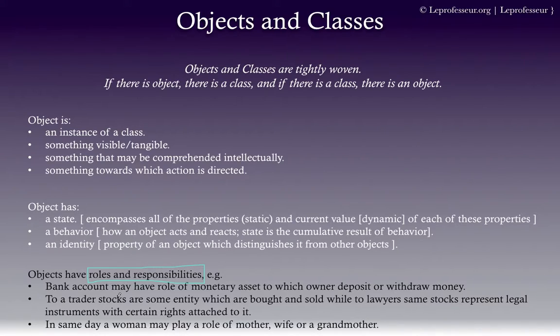However, at the same time, those same stocks represent a different kind of instrument, say legal instruments, to a lawyer, which have certain rights associated with them. Okay. And let's say for an investor, those stocks represent a tiny piece of business, right? So a different object may have a different role for another object.